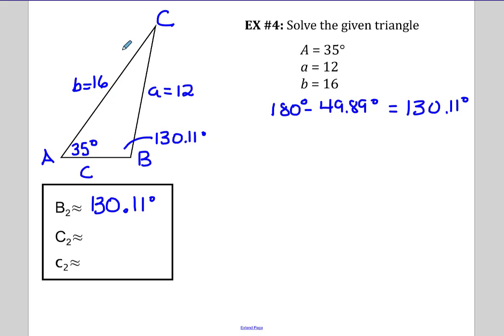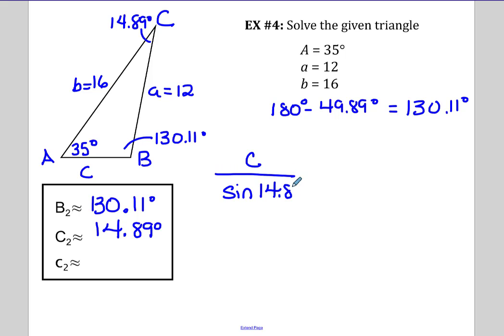That leaves angle C as 14.89, by 180 minus this minus that. So we got that. Then the last thing we need to find is little side c. So little side c over the sine of 14.89 degrees is going to be proportional to this given, the a over A, so the 12 over the sine of 35.